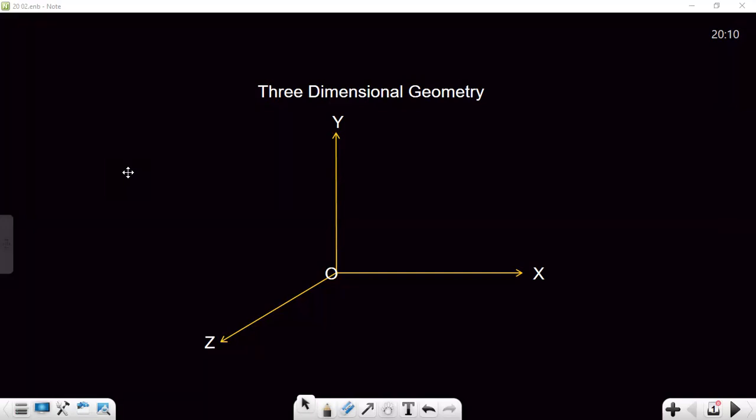Yes, sir. Okay, great. Three-dimensional geometry. We have also discussed a little about it in the vectors chapter, but we are going to discuss it more here.